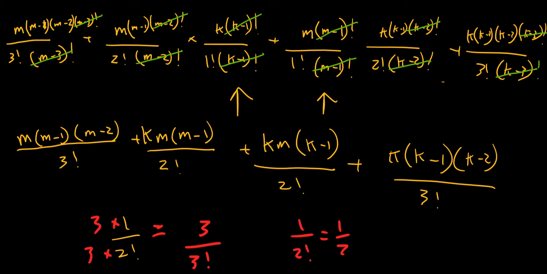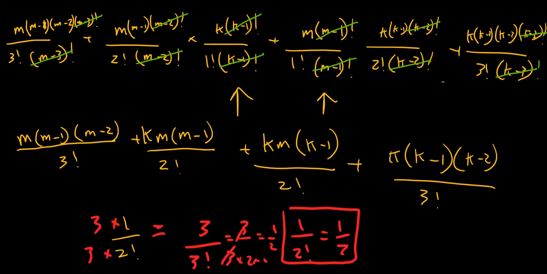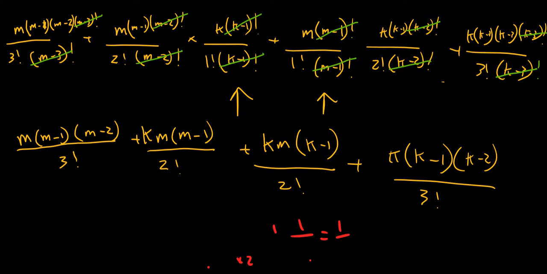Let's see if we get half here. 3 over 3 times 2 times 1, half. So hopefully you're confident that we can change these into 3 factorial by just putting a 3 as a coefficient.